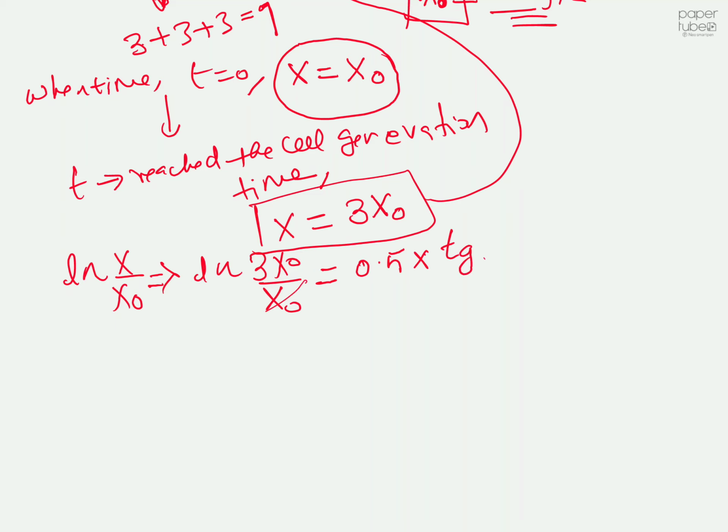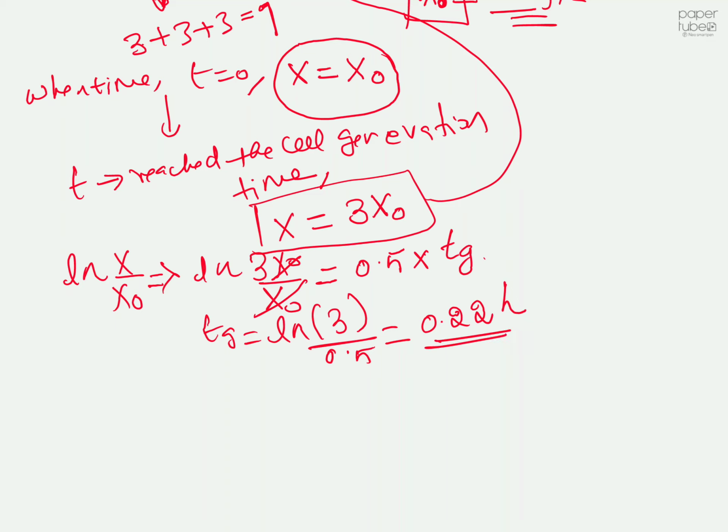So x0 gets cancelled, so tg will be equal to ln of 3 divided by 0.5, which is equal to 0.22 hours.